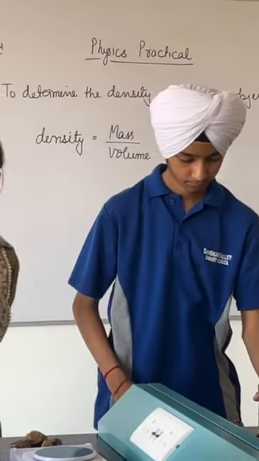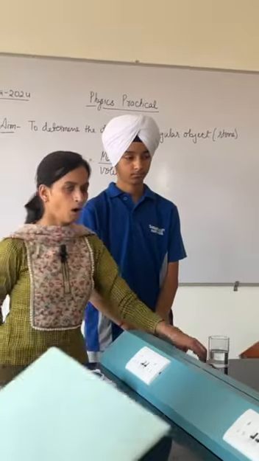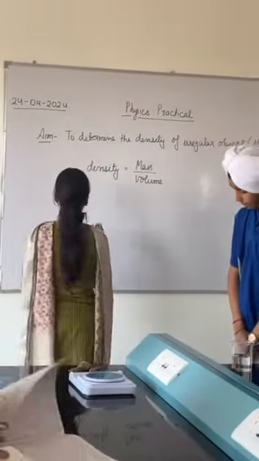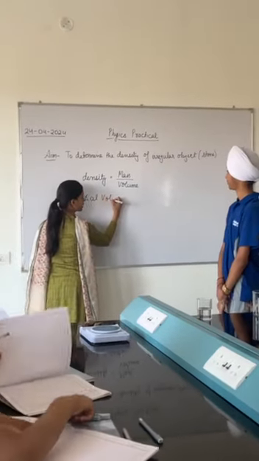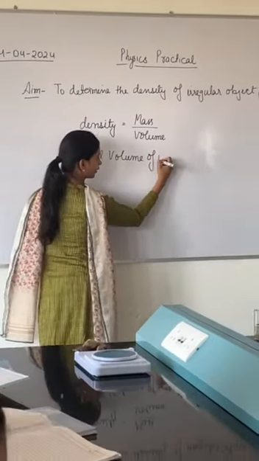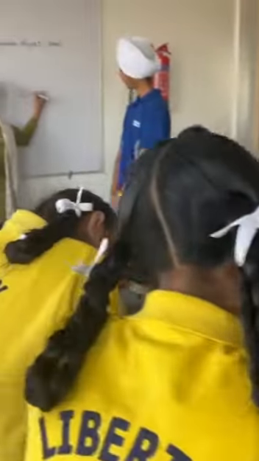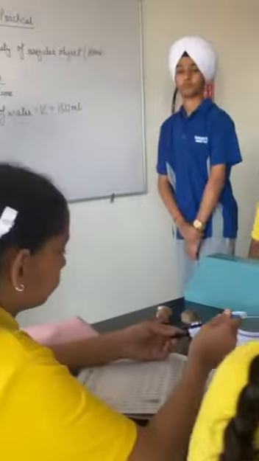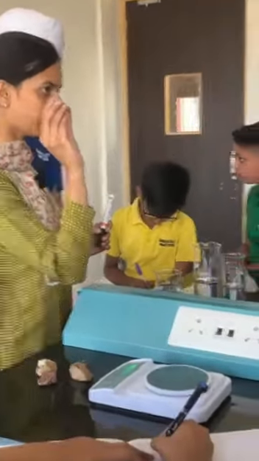Everyone, you have your notebooks. Write down what is the initial volume of water. Initial volume of water in the beaker is represented by V1 and that is 150 ml. Now we are going to put this stone into the beaker.